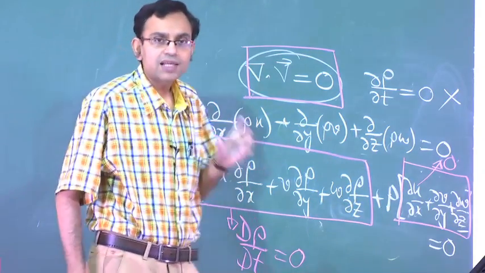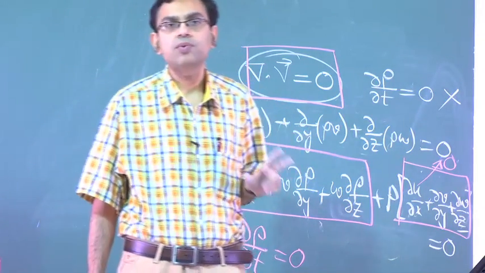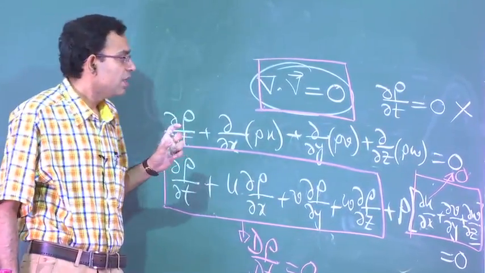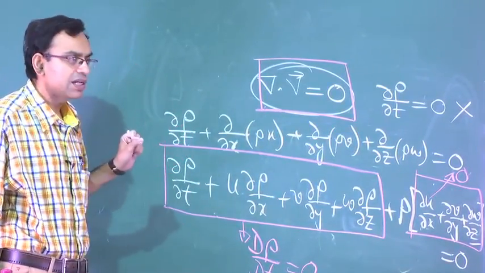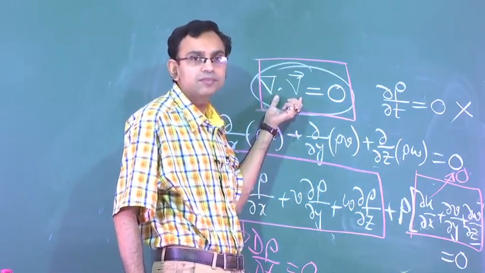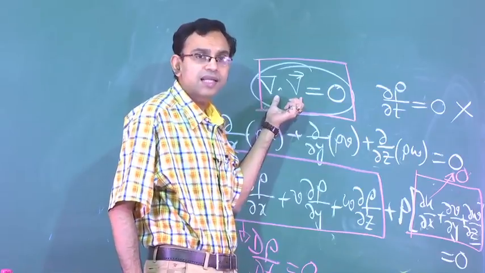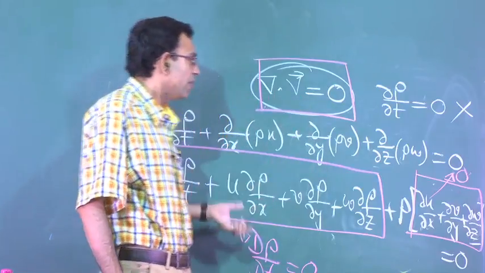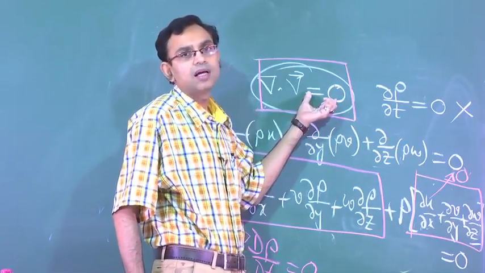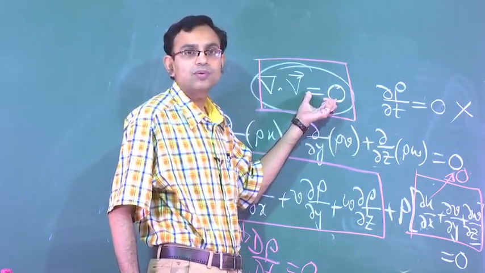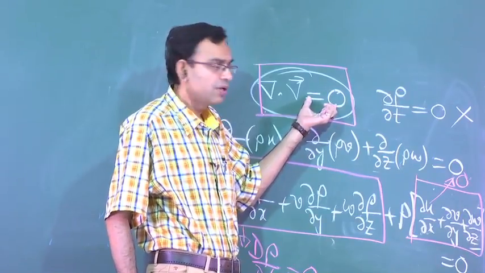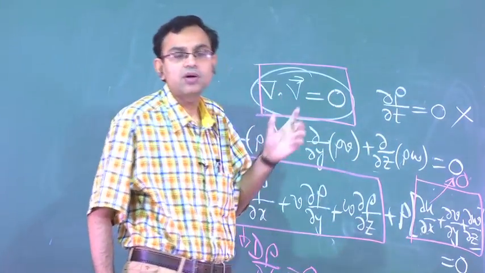So, we understand two important concepts through this question. One is from the answer to the question itself, that this does not imply that the flow has to be steady, and the second is that when this is 0, that does not imply that density has to be a constant. So, density can be a variable and still it is incompressible flow, that is called variable density incompressible flow.